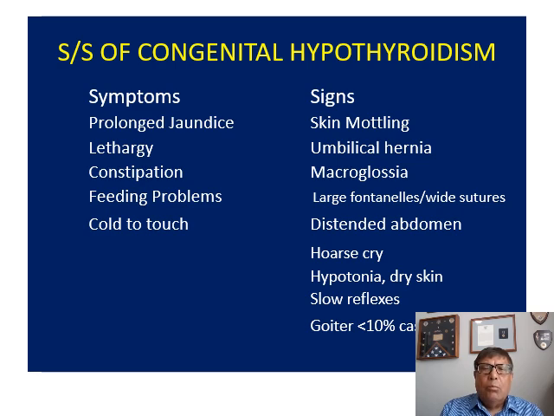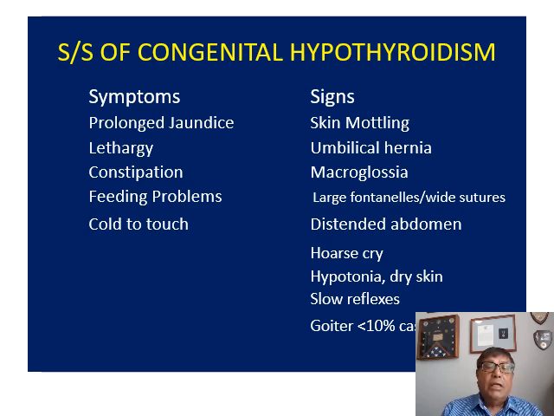Skin mottling and umbilical hernia. We do know that African American babies more commonly have umbilical hernia, but if you see a Caucasian baby with umbilical hernia and some of the suggestive symptoms, be very suspicious that it could be congenital hypothyroidism.